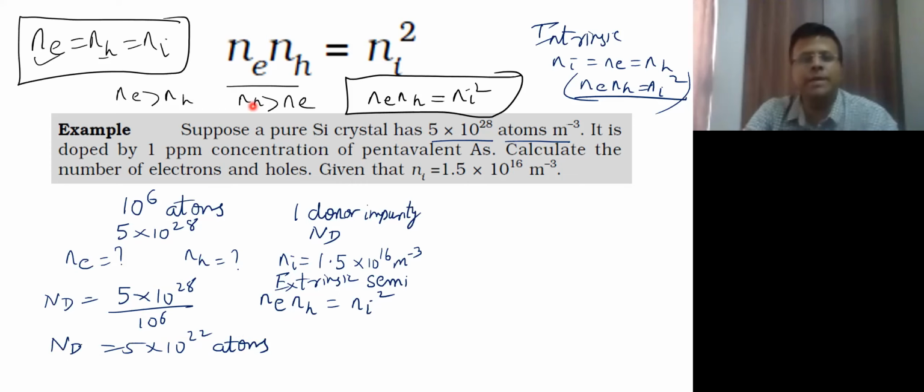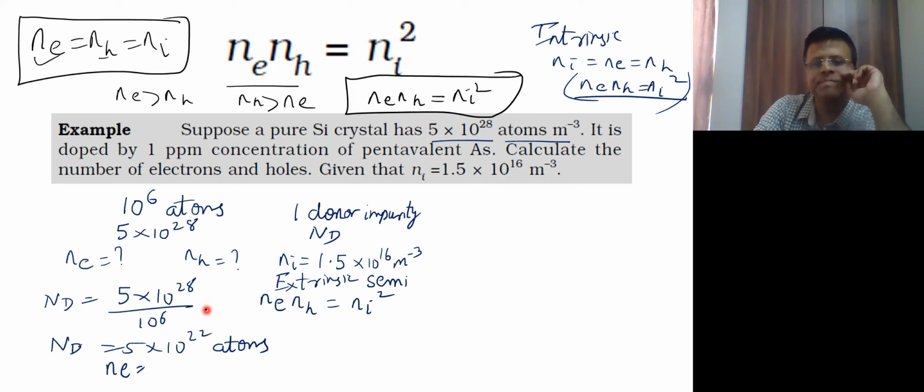Now how much is going to be the number of electrons then? Can you tell the answer now? You know the number of donor atoms, so can you tell me how many free electrons are there now? Every donor atom will give how many free electrons?